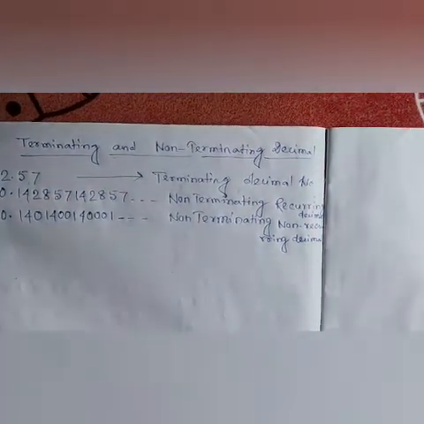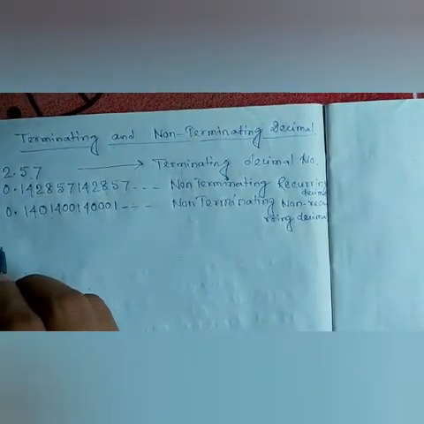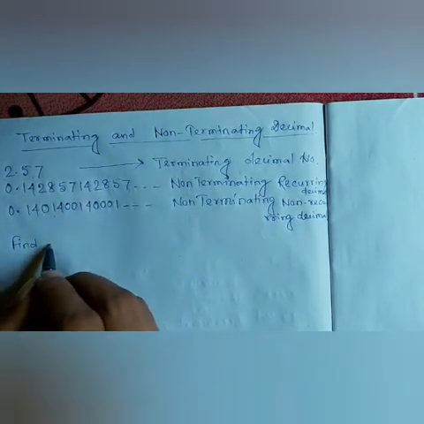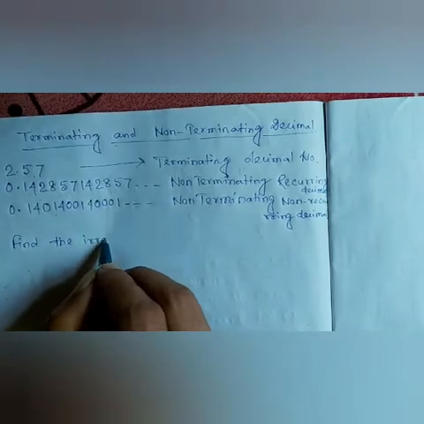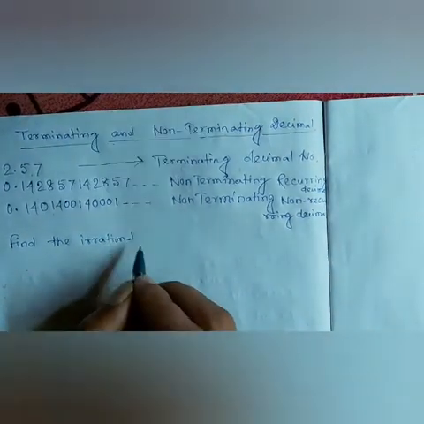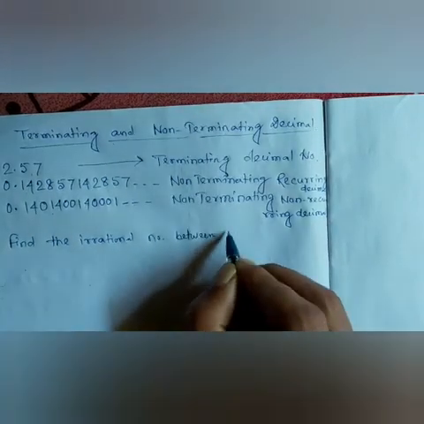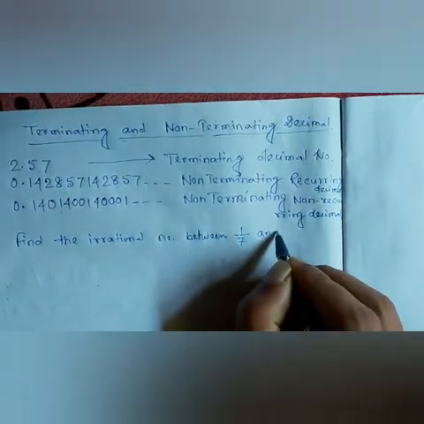Now we have to find an irrational number between two rational numbers, that means between 1/7 and 2/7.